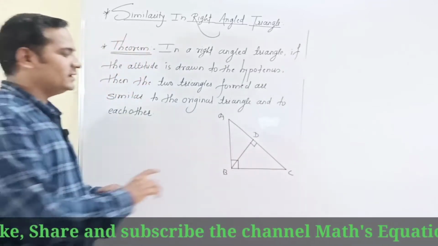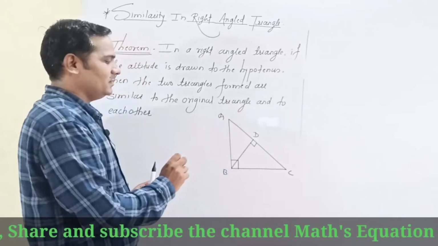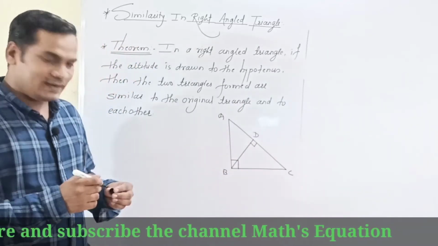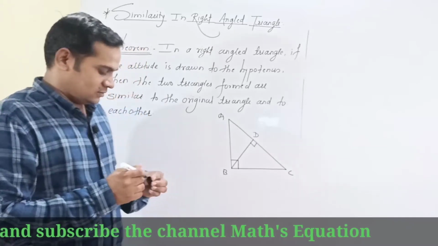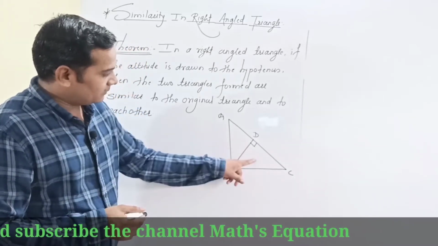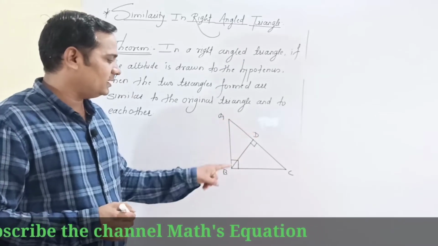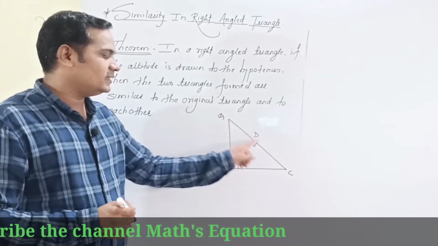Now because of this altitude, because of this perpendicular segment, this original triangle ABC is divided in two right angle triangles. Look at this. The first triangle is ADB and second triangle is BDC.